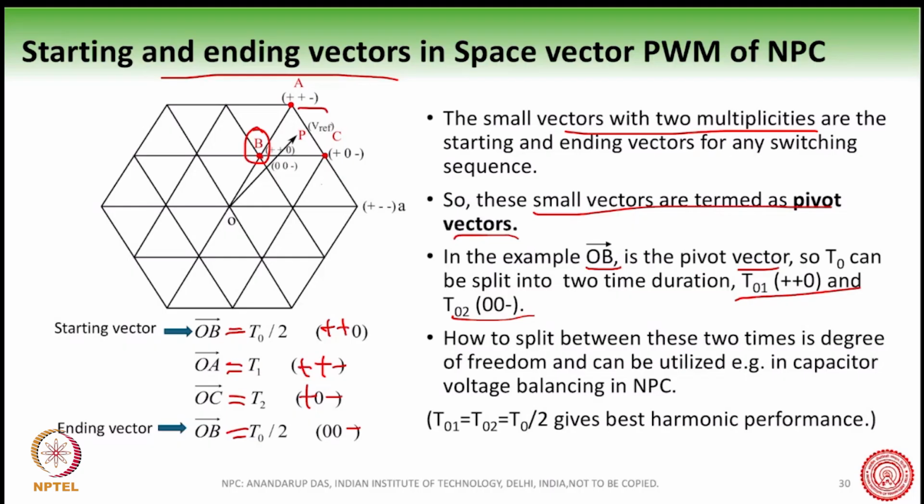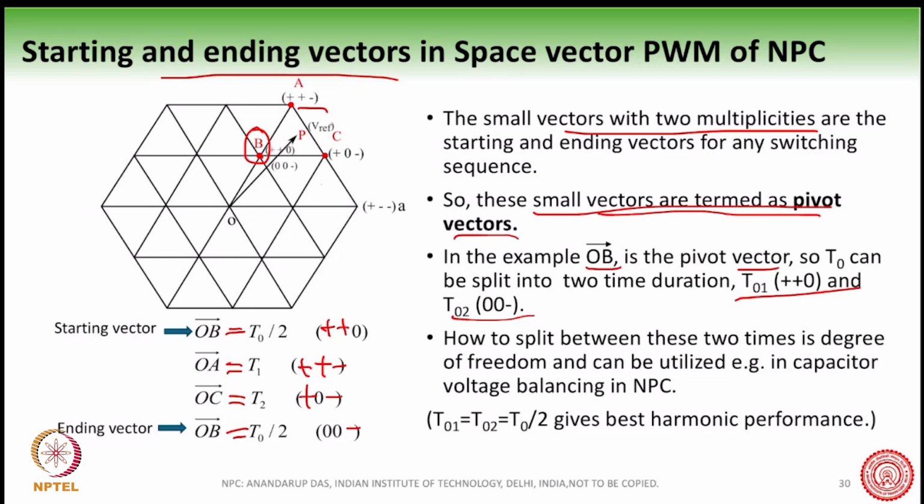So this OB is the small vector, which is the pivot vector, because the starting and ending of the switching happens on the pivot vector.